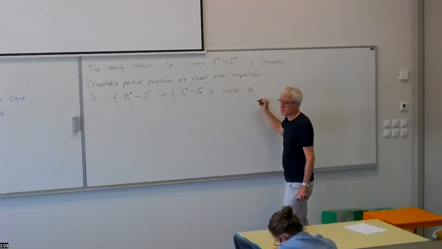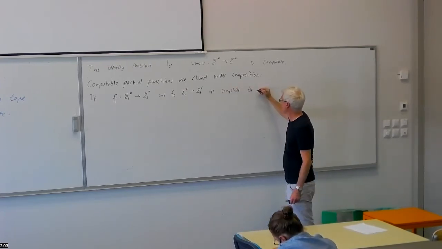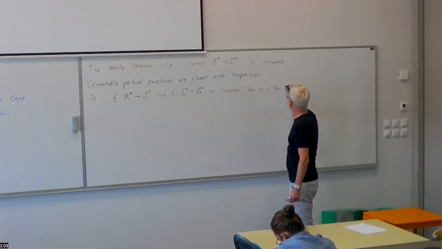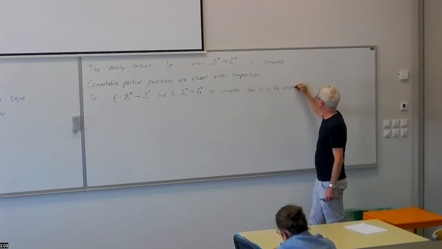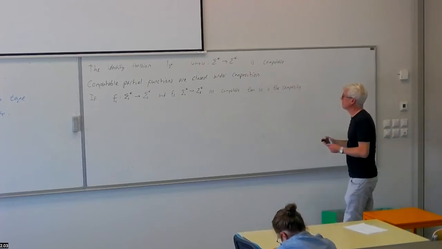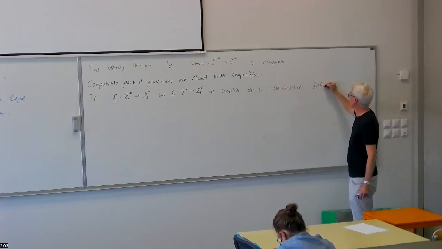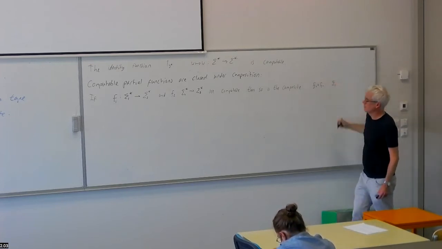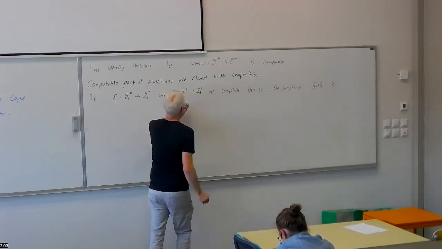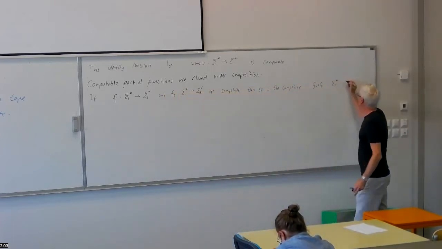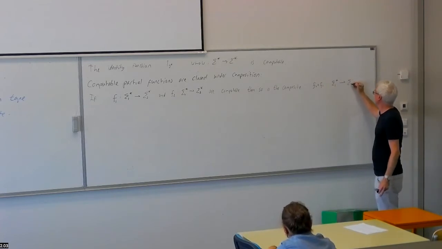And so is the composite function, obtained by composing the two functions. So that's the partial function f2 composed with f1, which goes first to f1, and then we do f2. That goes from words over sigma 1 to words over sigma 3.